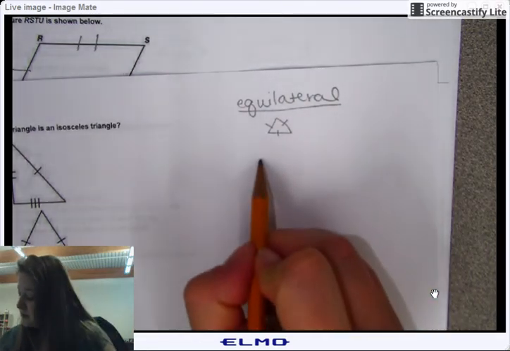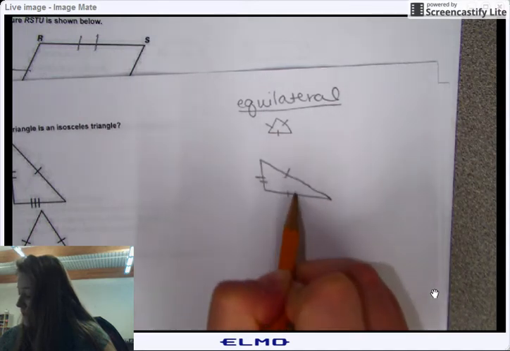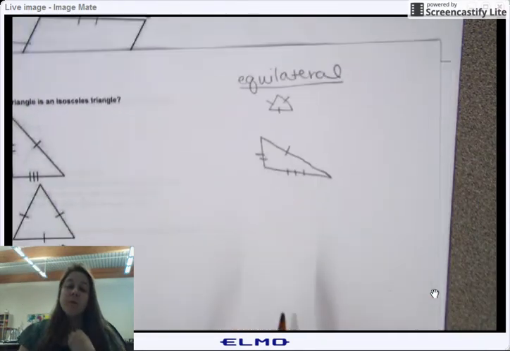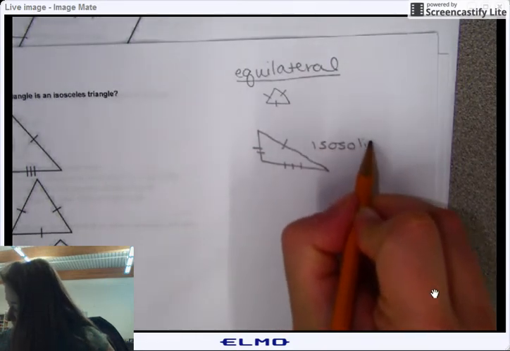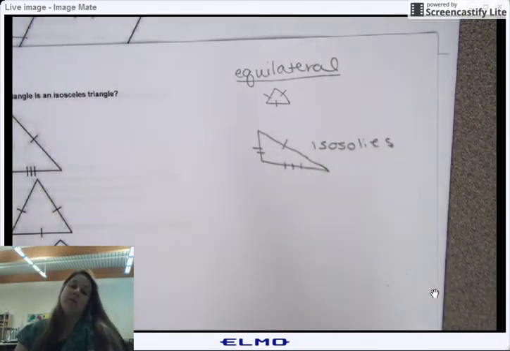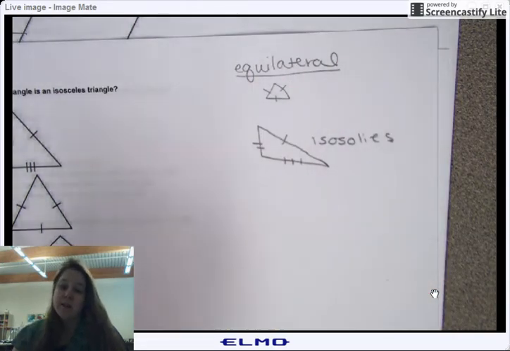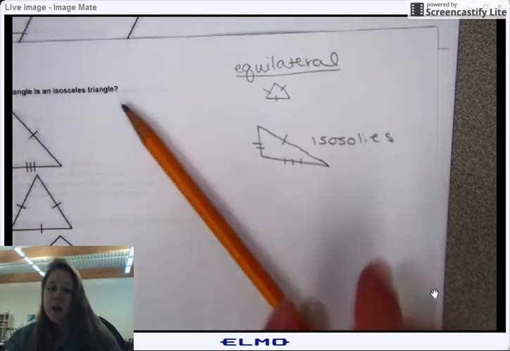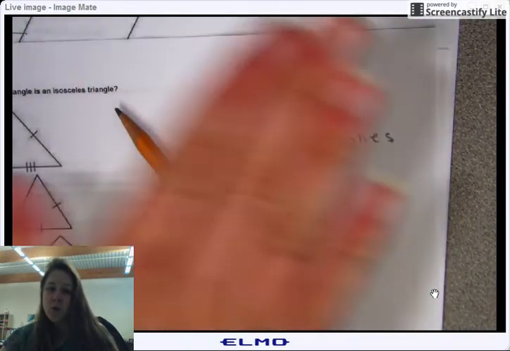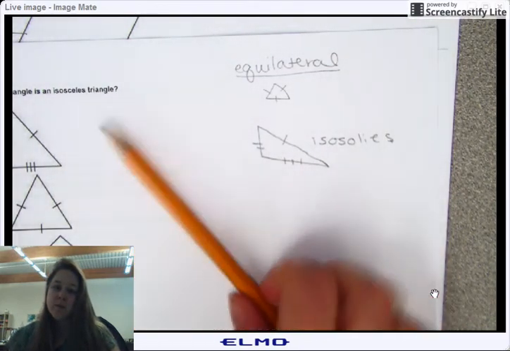We have a scalene triangle where none of the sides are equal. This is an isosceles. Remember, equal has it in it. And remember the trick for scalene, it's scalene. And you go around 3 times. Scalene. 3 times. So 3 different sides.